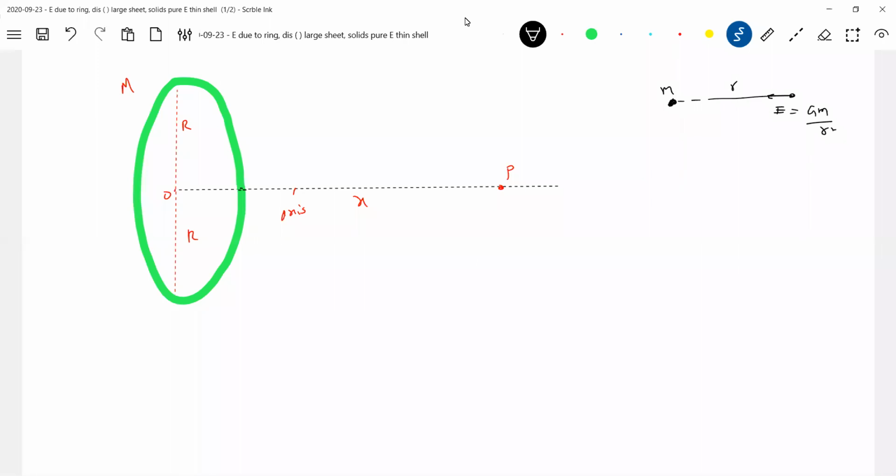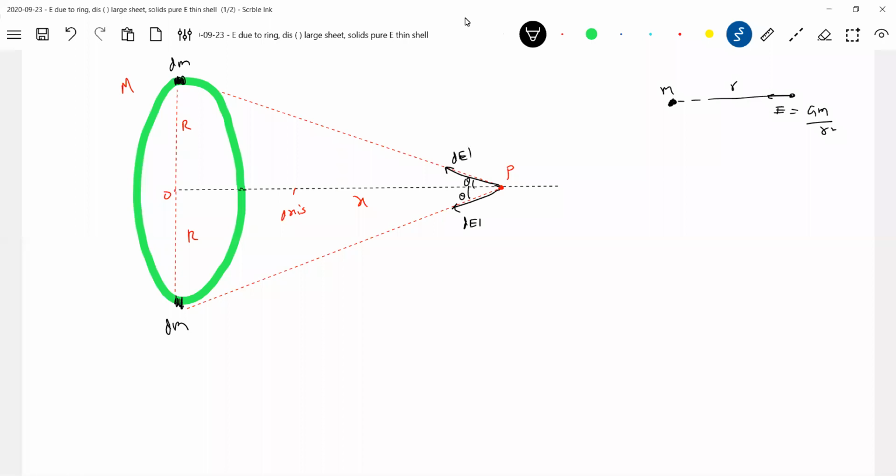So is it a ring, a point mass, or a body? It's a body. Therefore what I do, I'll assume two elements like this, each of mass dm. Due to the individual elements, the field strength here should be equal to dE dash, and this will be dE dash.